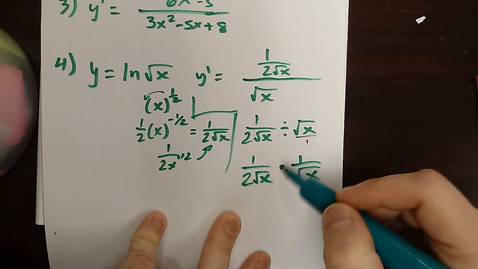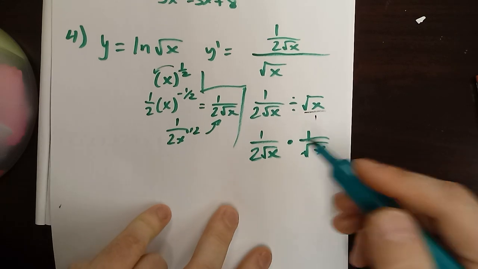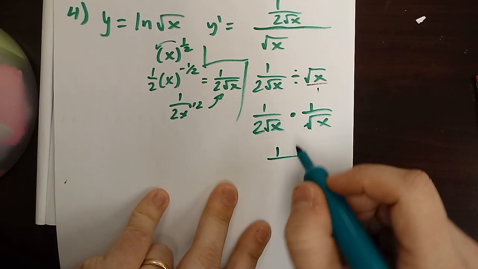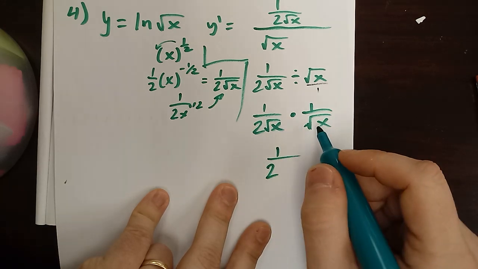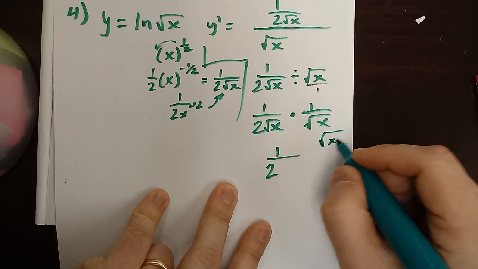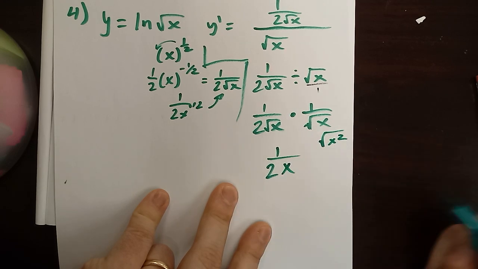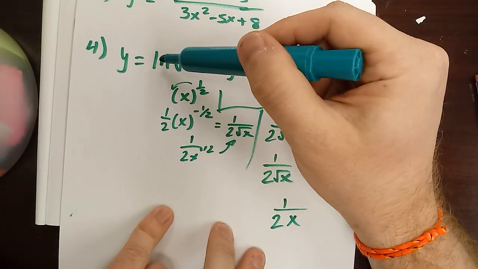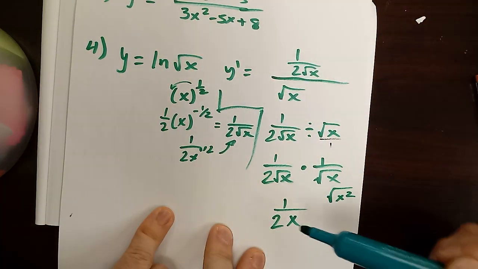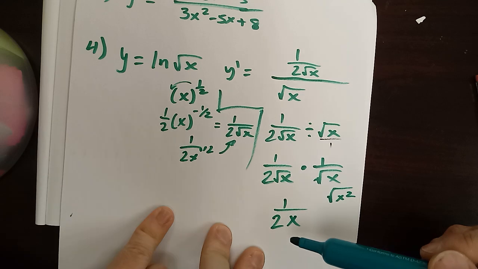Just flip the second and multiply. So now I wind up getting 1 over 2 square root of x times square root of x. Remember, 2 square roots multiplied together, well, that's the square root of x squared, and they cancel, and we just get x. So the derivative of natural log of square root of x is 1 over 2x, after all that.